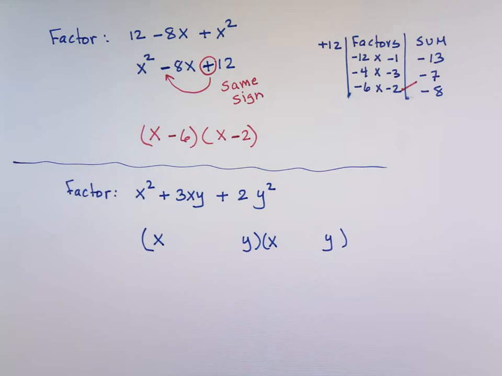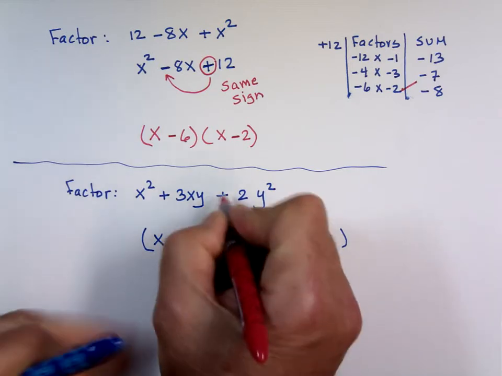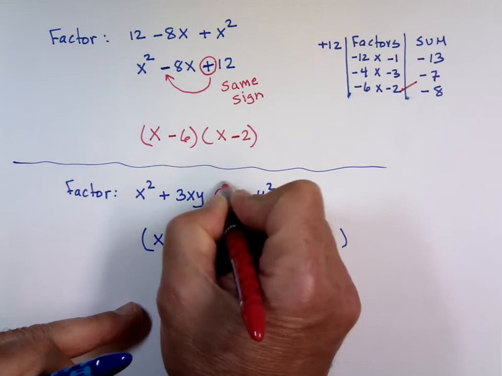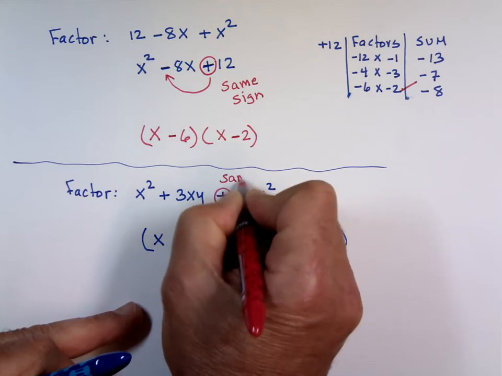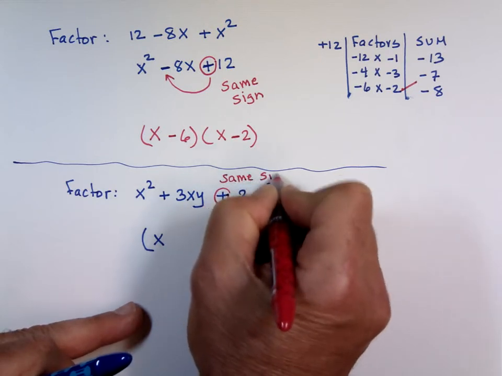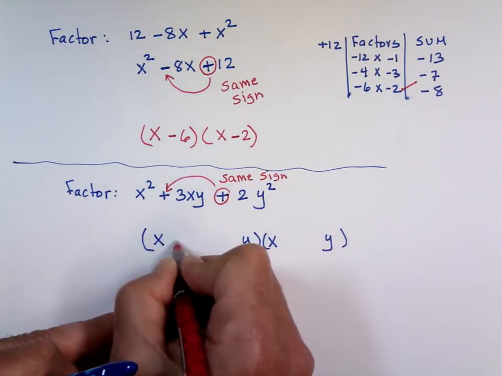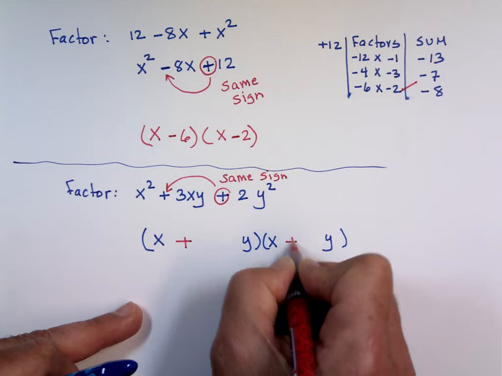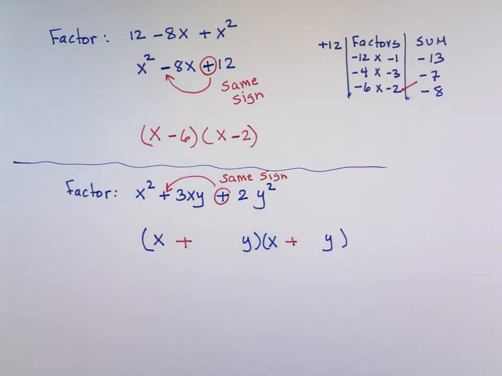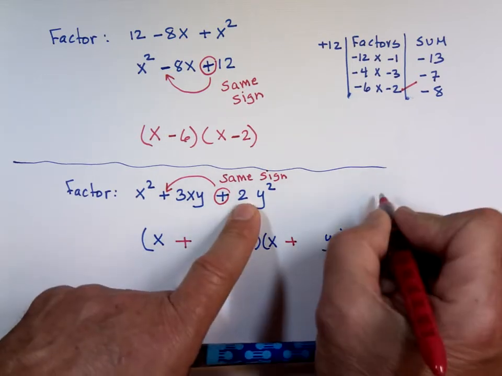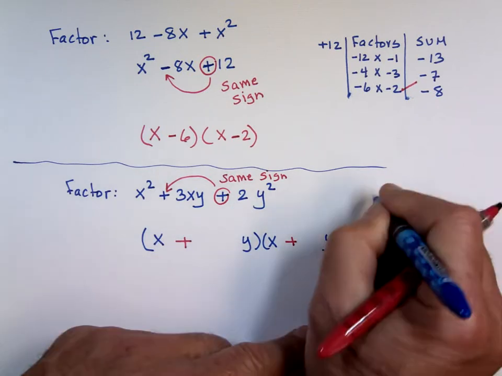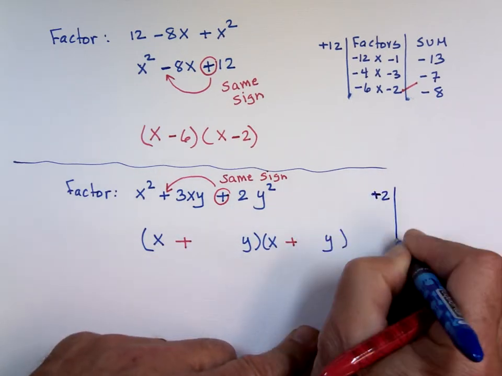Now let's take a look here. This is positive, which tells me both signs are the same, both going to be the same as this. So both signs will be positive. And the only other thing I have to pay attention to is the 2 and the 3. Here's the 2. Let's list the factors of 2 and their sum.